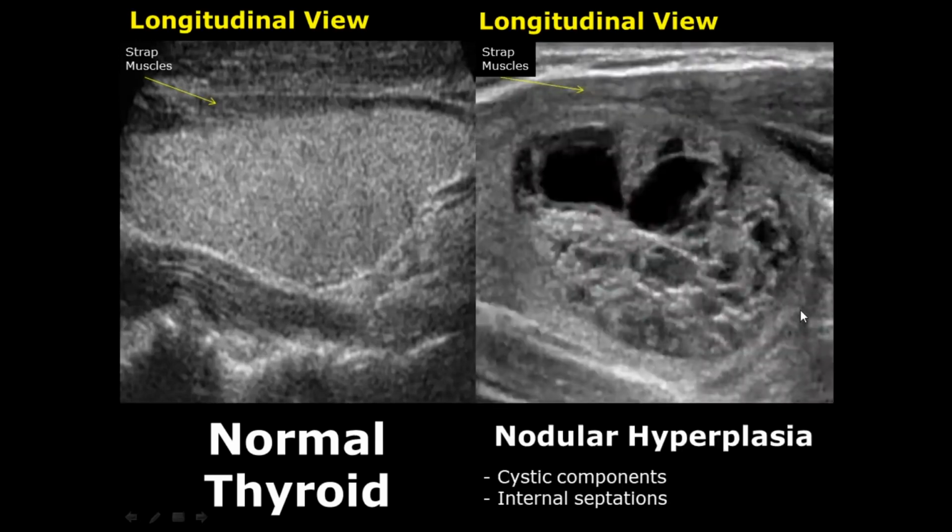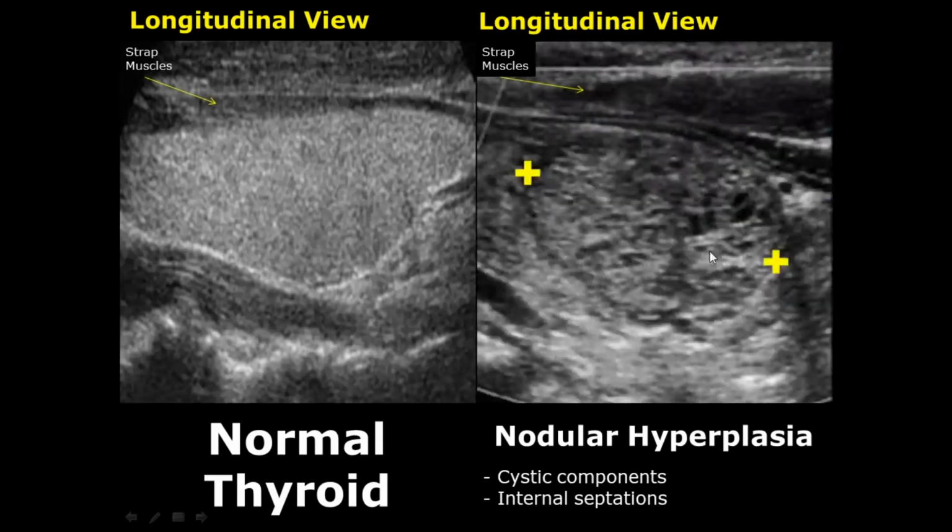Nodular hyperplasia can have many appearances. This image shows internal cystic components and multiple septations. Here is another case of nodular hyperplasia having internal cystic components and a spongy appearance.